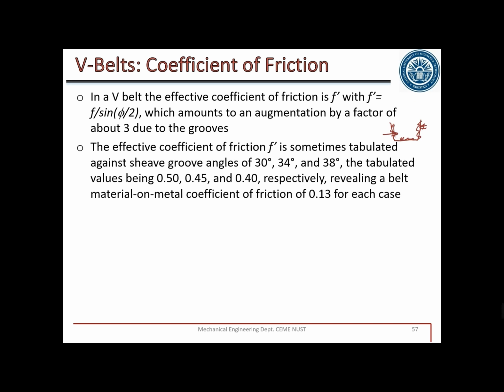If the flat belt is running, for example, let's say they have given an example, the belt has a coefficient of friction of 0.13, and by increasing the sheave angle to 30, 34 and 38 degree, the coefficient of friction can be changed to 0.5, 0.45 and 0.4. And 0.13 is exact when there is no V-type sheave. When the belt is running on a flat surface, its coefficient of friction is 0.13. But within the sheave, depending on the angle of the sheave, the effective coefficient of friction can be increased.